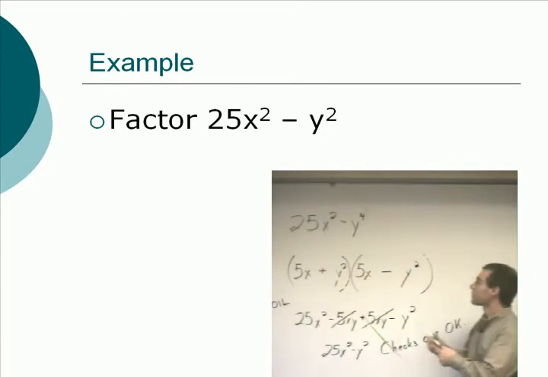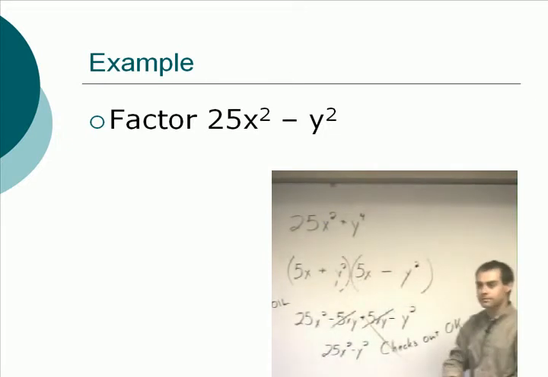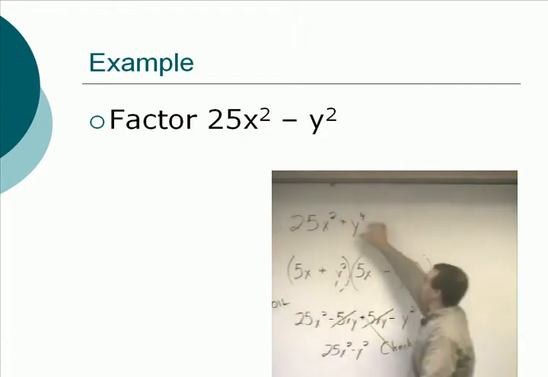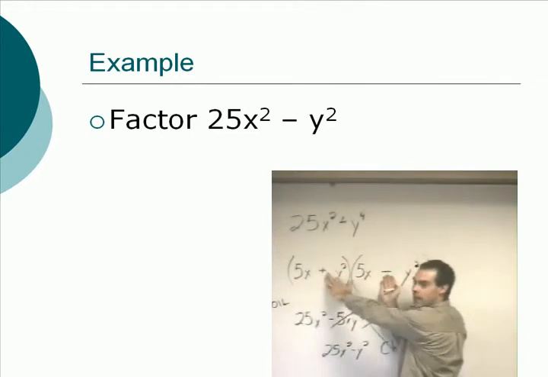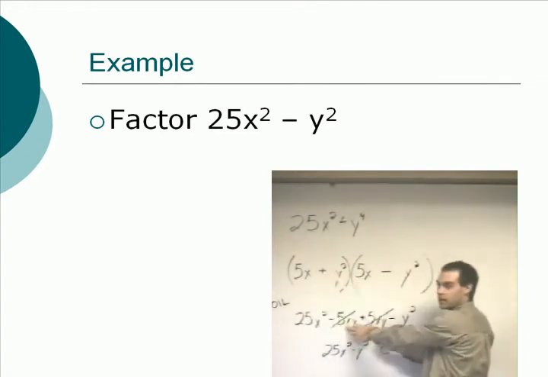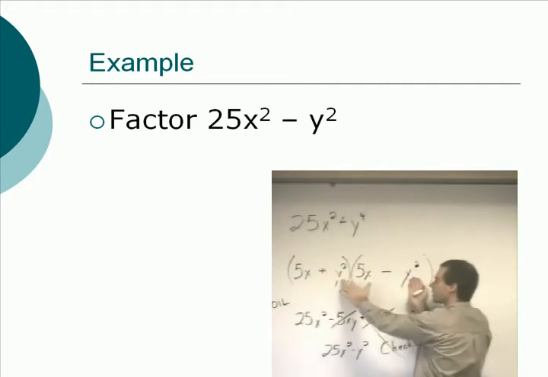Another good question. What if this was a plus sign? No deal. Will not factor. Because here's why. Do you see why these signs have to be opposites to make your O and I terms cancel out? Well, if these two terms are opposite signed, what's going to be the sign on your last term?